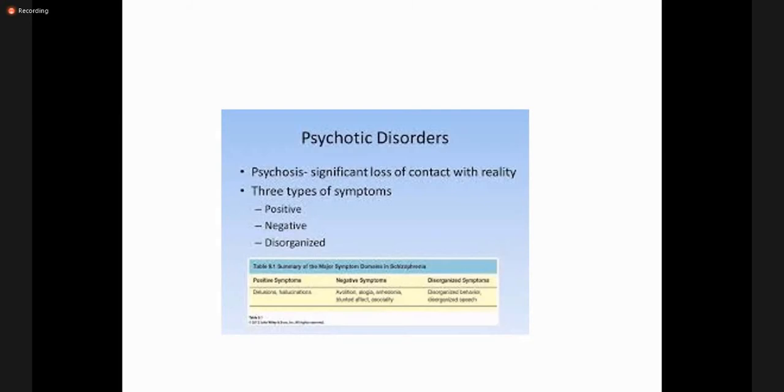Blunted affect. So I hope that previously you have learned the difference between mood and affect. So when we say bipolar affective disorder, affect means what you are observing in the person. Mood is what the patient states. So for example, the patient can say they are very happy, but they might not seem very happy.